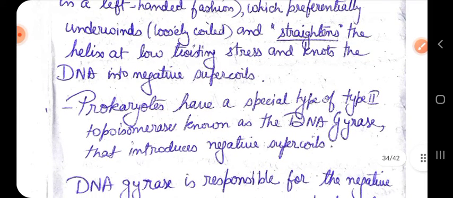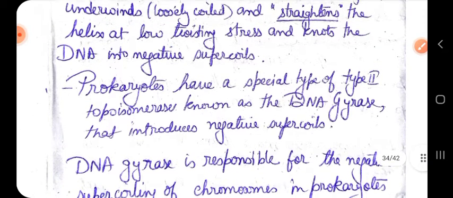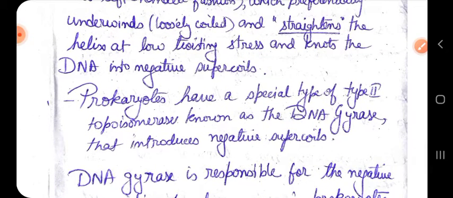Now prokaryotes have a special type of type 2 topoisomerase known as DNA gyrase, which can introduce negative supercoils. That means if there is positive supercoiling of DNA, topoisomerase 2 in prokaryotes, the special topoisomerase 2 called DNA gyrase, introduces the negative supercoil of DNA.